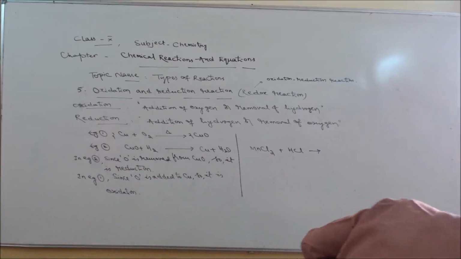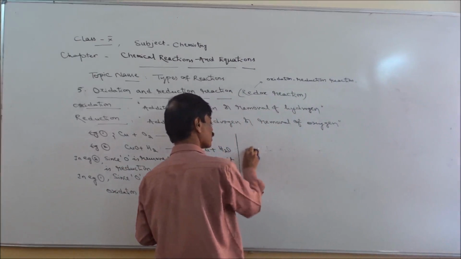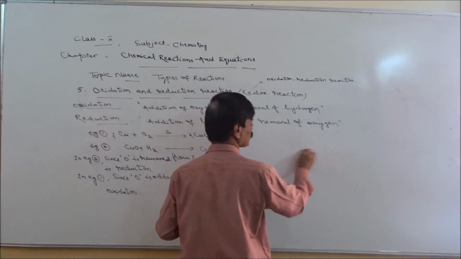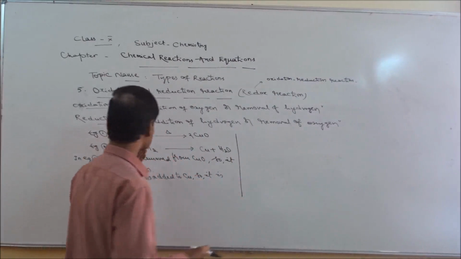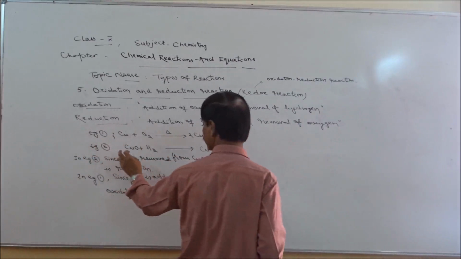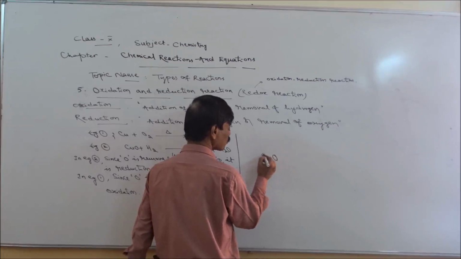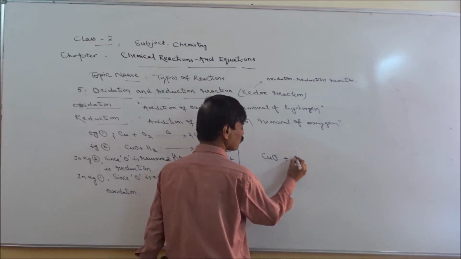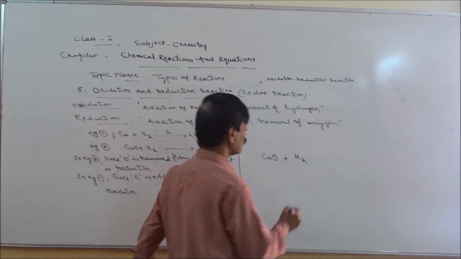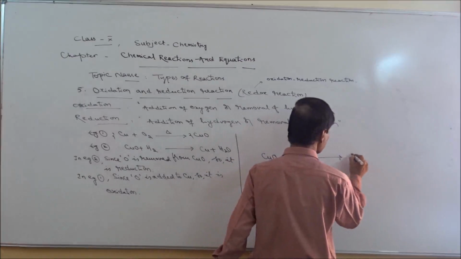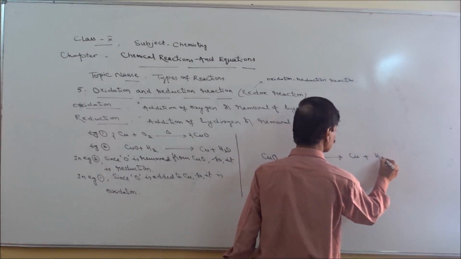I'll take the other example, a simple example that can be understood more clearly, because in this we are going to get more problems. Let me take the same example. There is example 2 written here: CuO plus H2 gives rise to copper and then H2O.